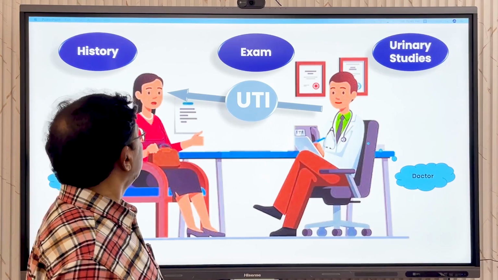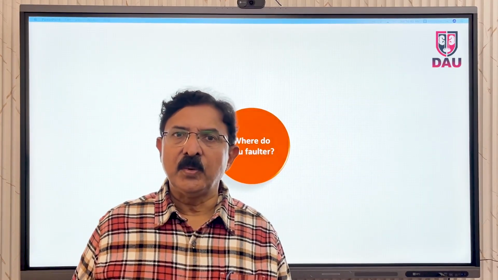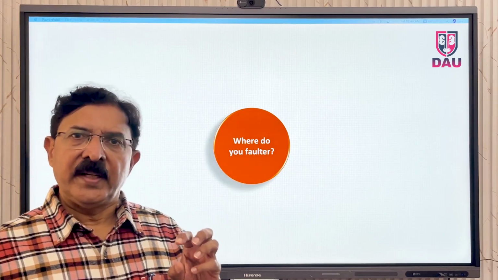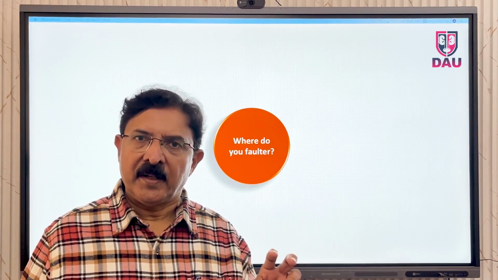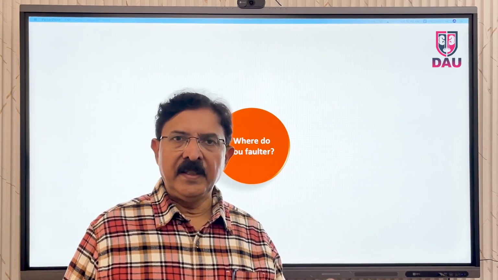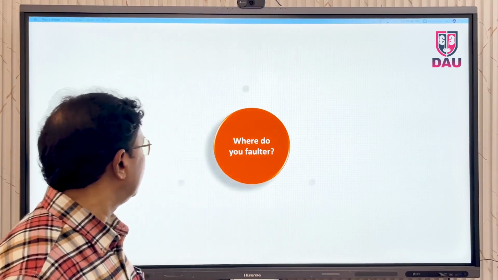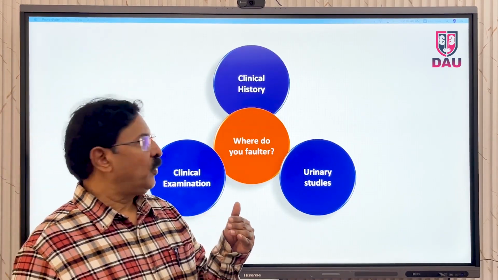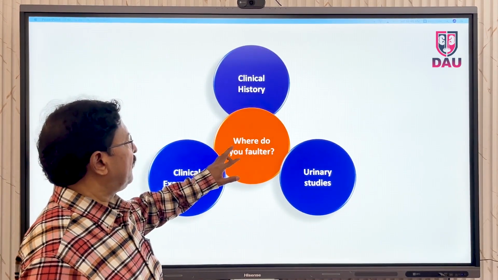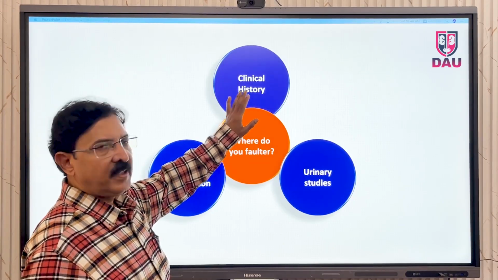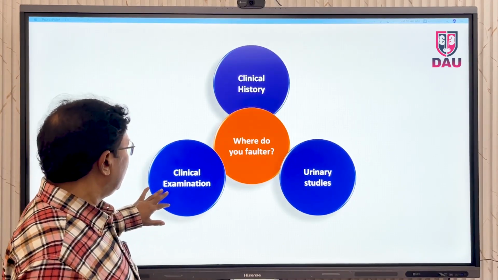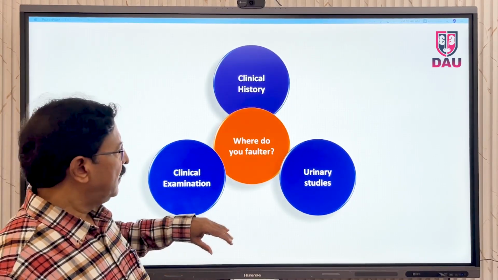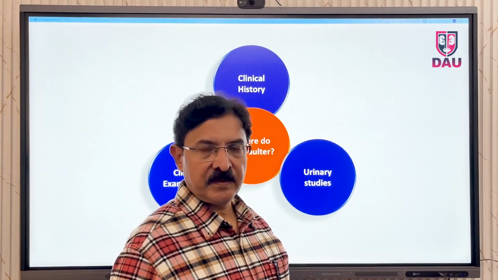Now we will try and look into where those areas are where one would falter if he or she is in a hurry. And we'll sequentially talk about the pitfalls that you can have in clinical history taking, then in clinical examination, and then in urinary studies.